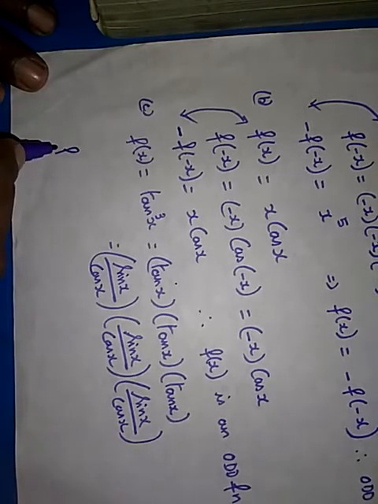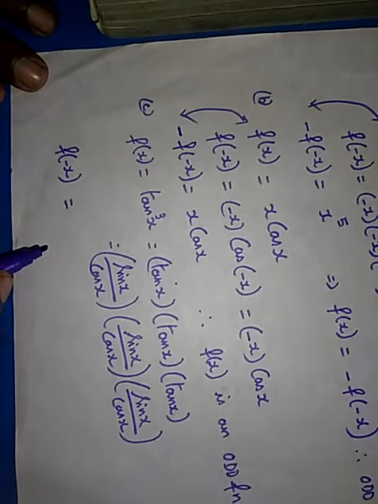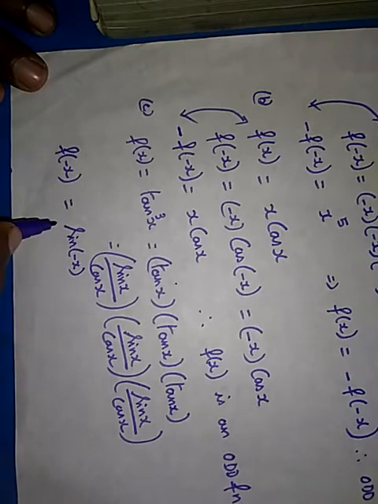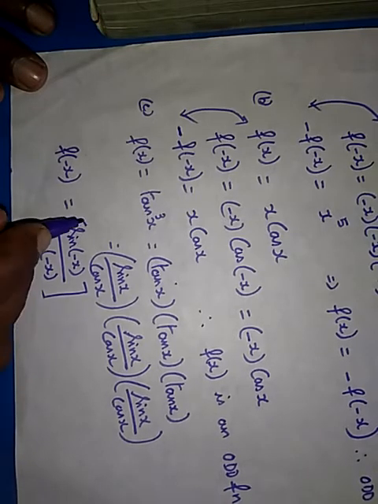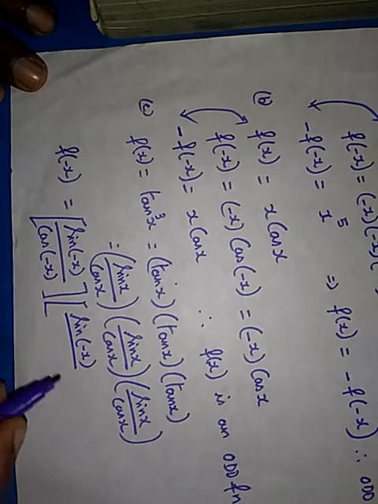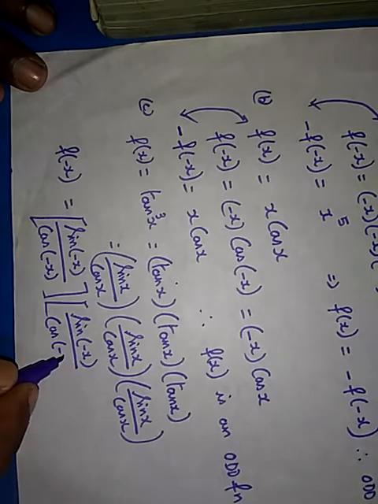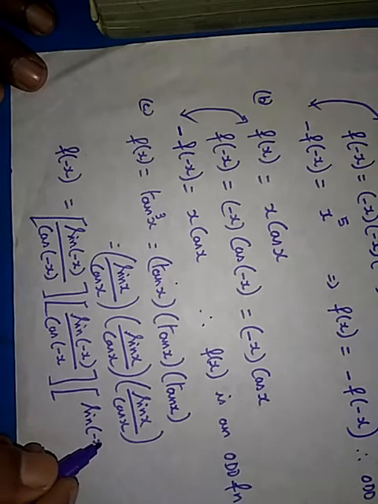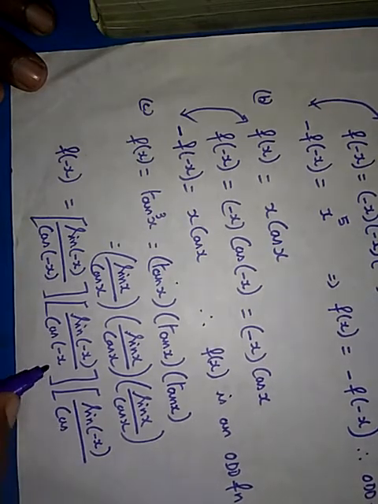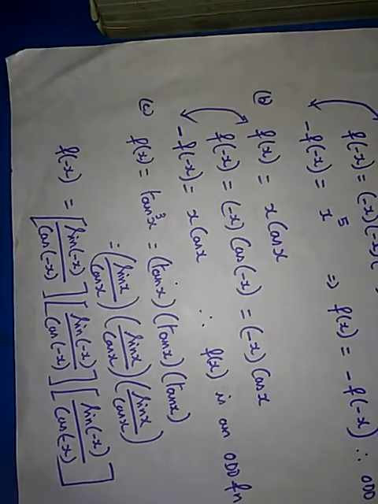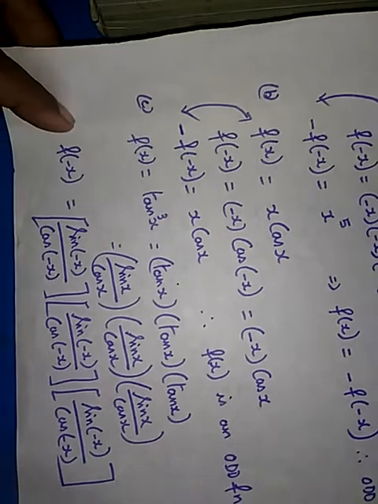Now we will check for f of minus x. So you have to substitute minus x. So sin of minus x by cos of minus x is the first term. The second term will be sin of minus x by cos of minus x, and the third term will be sin of minus x divided by cos of minus x.